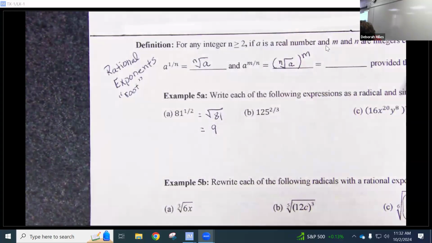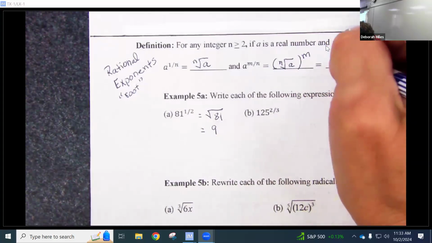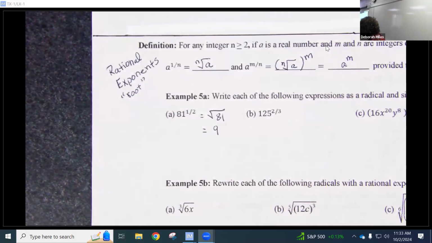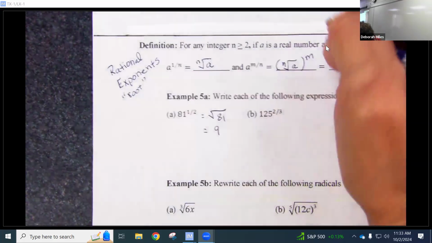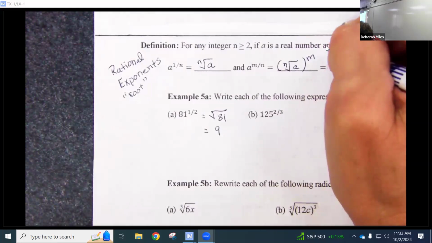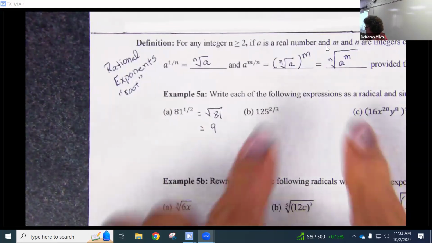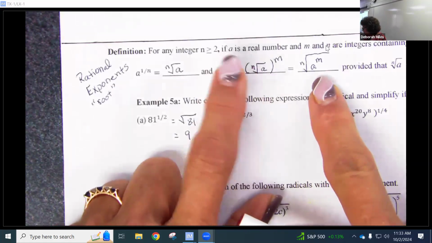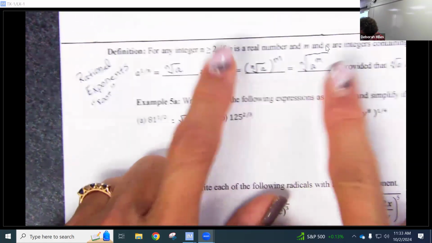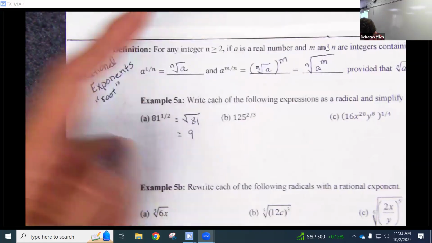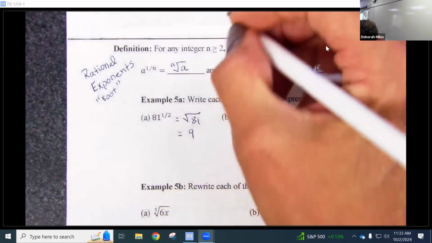Or you can also raise a to that power and then take the nth root of that. These two things are equivalent. And I'm going to show you that right here.